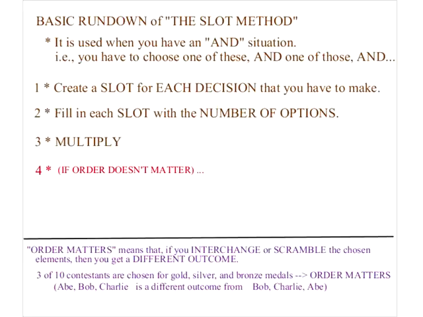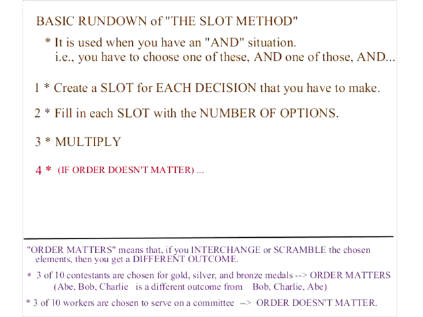On the other hand, if I have a situation in which 3 of 10 workers are chosen to serve on a committee, and that's all you're told, then order doesn't matter.